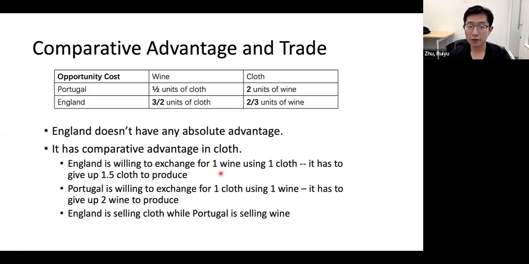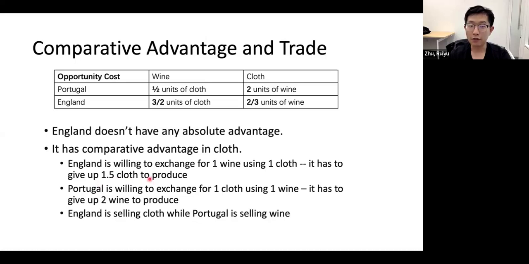So imagine a case where England is willing to exchange for one Y using one cloth. Why are they willing to do that? Because if they don't buy Y, and instead produce Y by itself, to produce one Y, the opportunity cost is 3/2 units of cloths, which means it has to give up 1.5 units of cloths to produce, right?